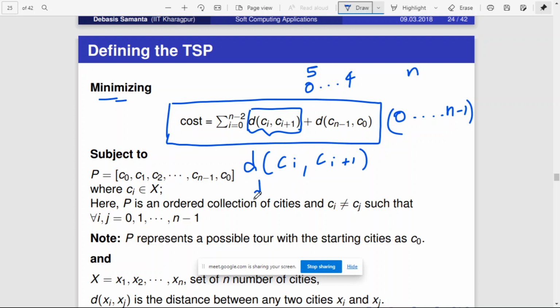So if i is 0, then what are Ci and Ci plus 1? C0 and C1, that is the distance from city 0 to city 1. If i is 1, then what are Ci and Ci plus 1?